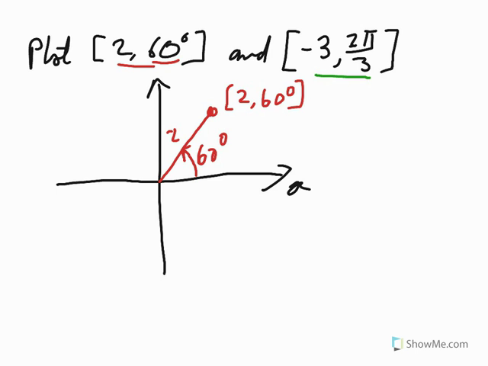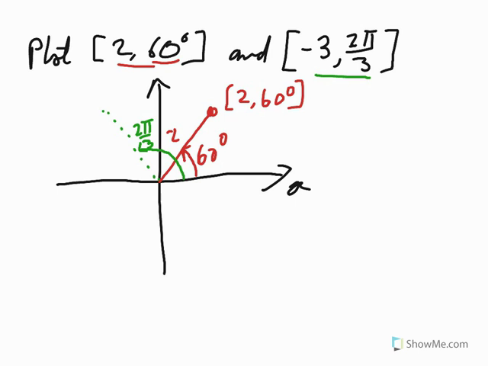Now the one in green, 2 pi on 3, so 2 pi on 3 would be there. So that should be out that way. But you'll notice here that r is -3.